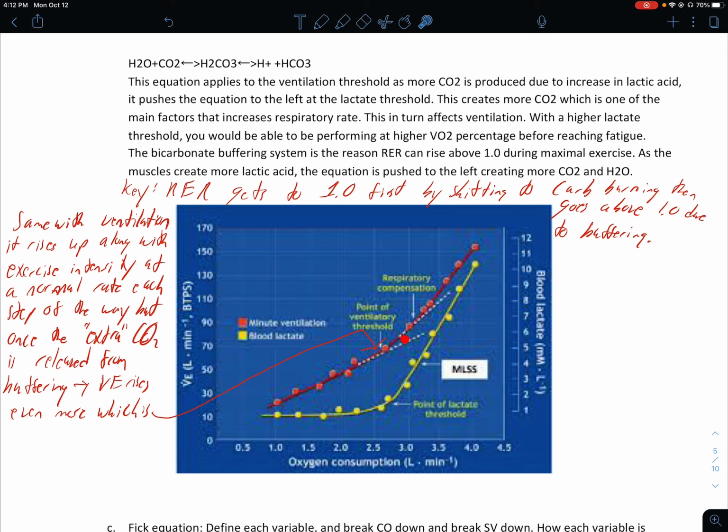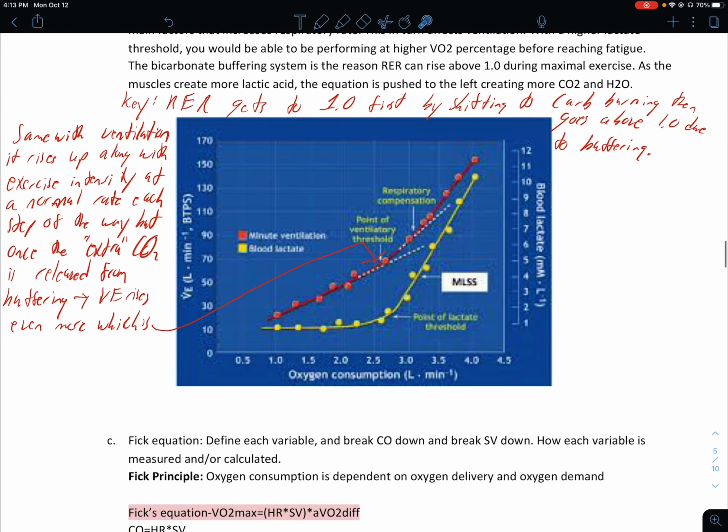We're still producing more CO2 because of the more oxygen usage, but we're not staying on the same path anymore. We went up here because of the extra CO2, right? The extra CO2 from the buffering system. So that's important. Important in both of those to talk about what happened before the threshold or what happened before RER got to 1.0. Why did it keep going?